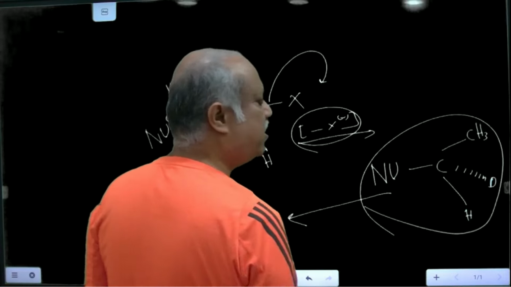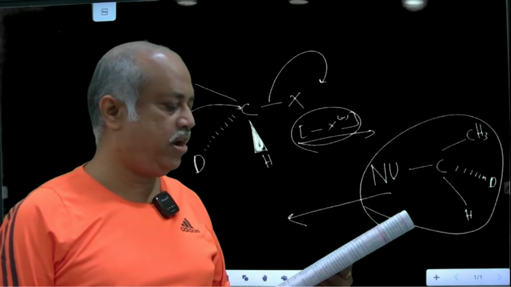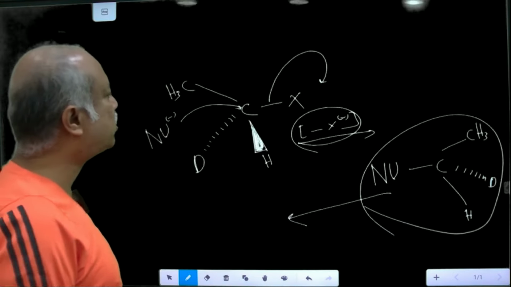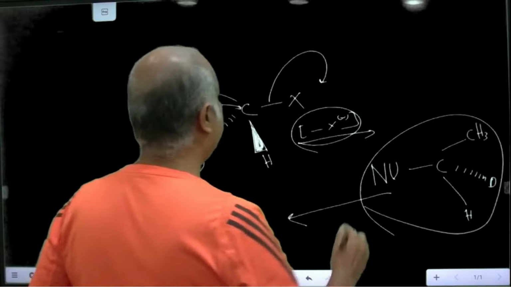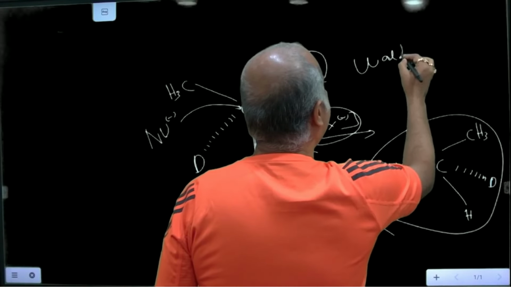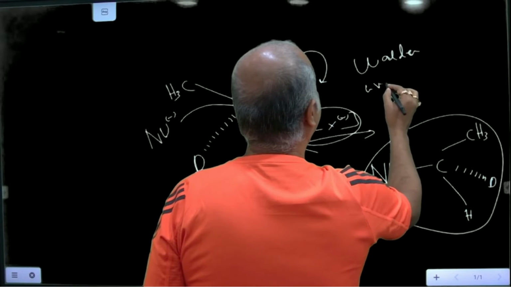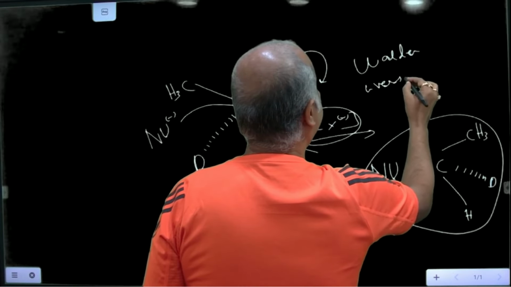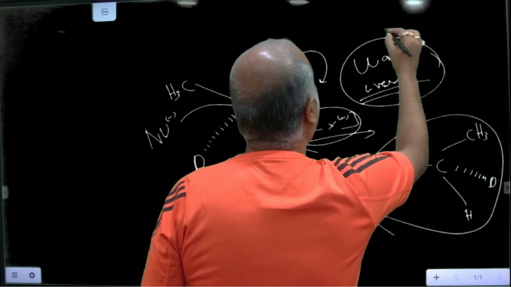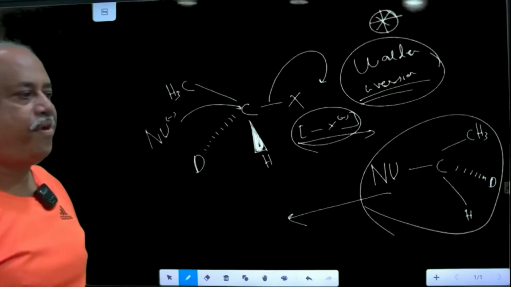For this reason, this is called inversion of configuration. In the case of the SN2 mechanism, that is inversion of configuration. This inversion is called Walden inversion. That is a very big topic for the SN2 mechanism. Done it?